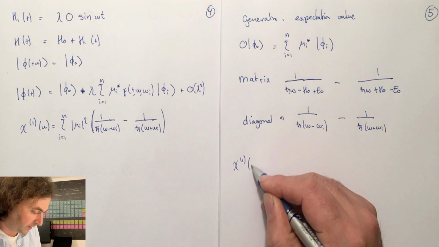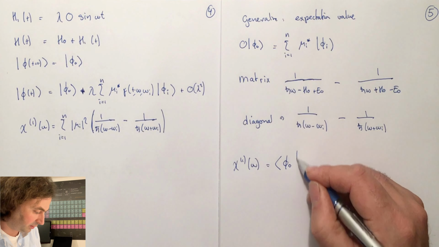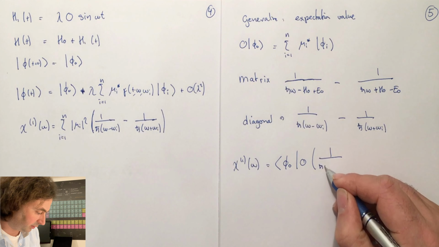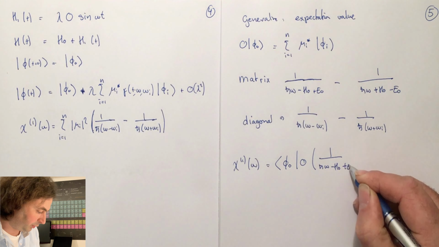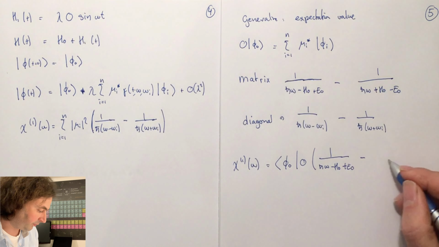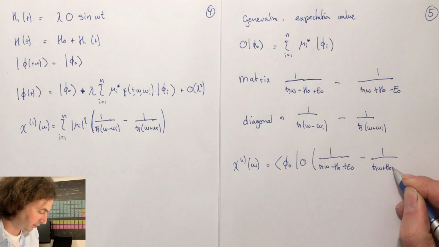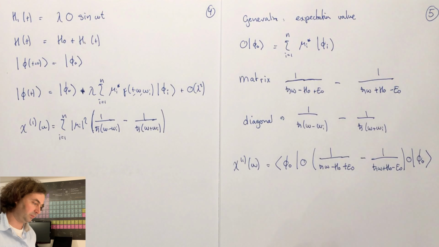So our linear susceptibility as a function of frequency is psi0 O, 1 over h bar omega minus the Hamiltonian plus the ground state energy, minus 1 over h bar omega plus H0 minus the ground state energy, O psi0.